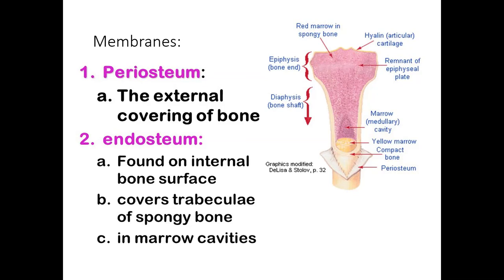So it's the external covering of bone. That's A. B is the endosteum, which is found on the internal surfaces of bones, covers the trabeculae of spongy bone, and is also located in the marrow cavities.